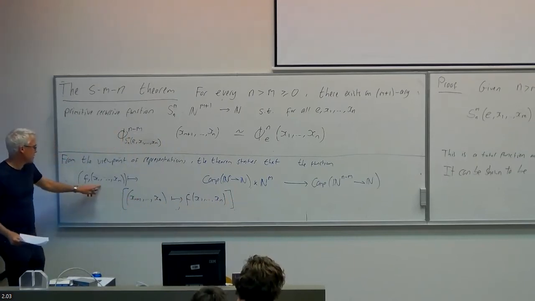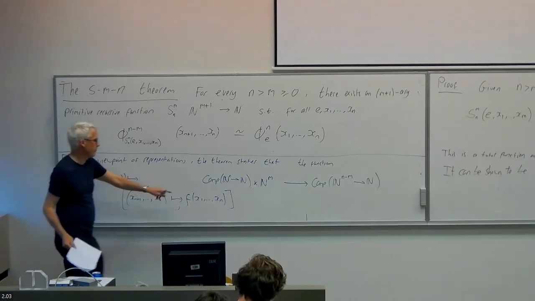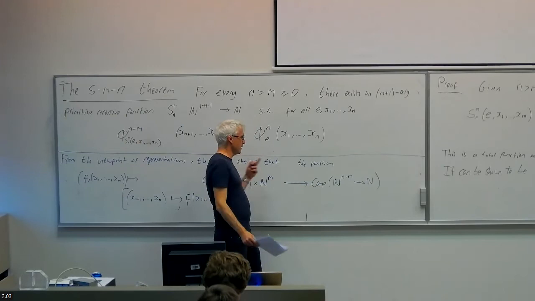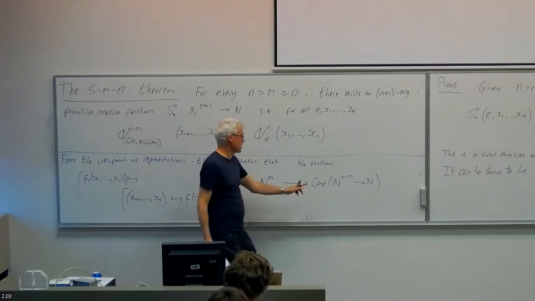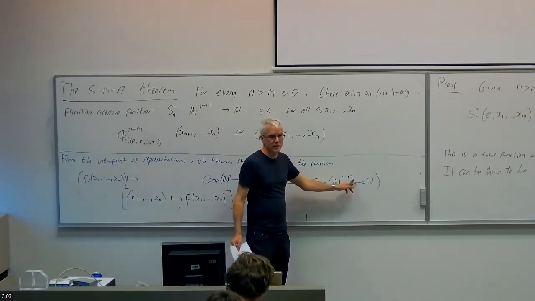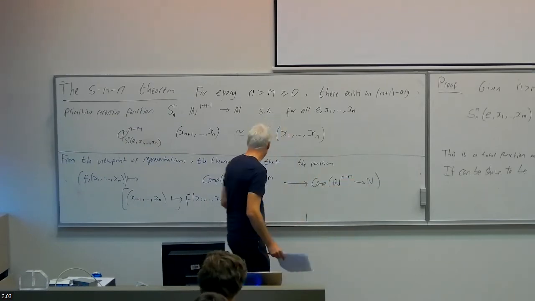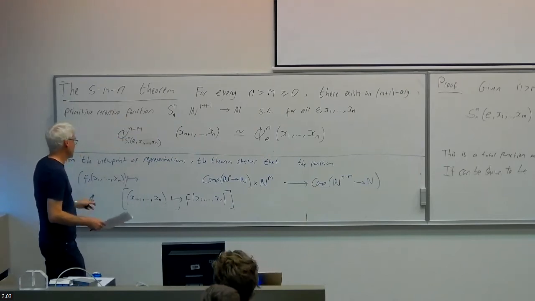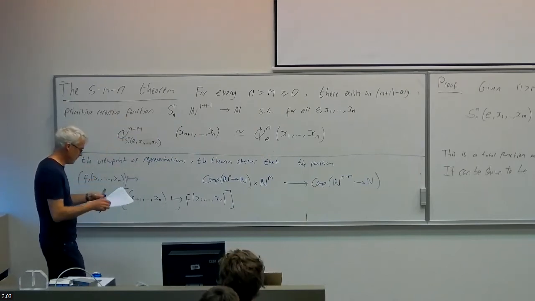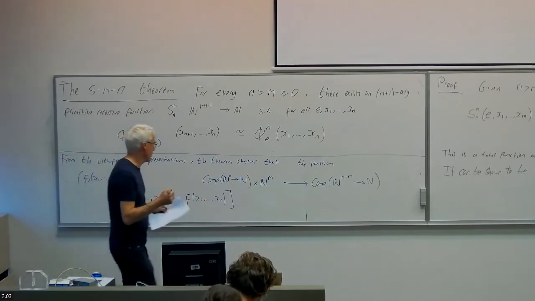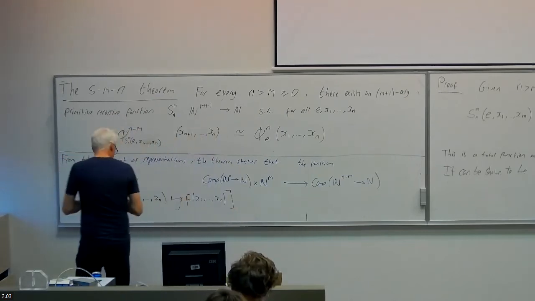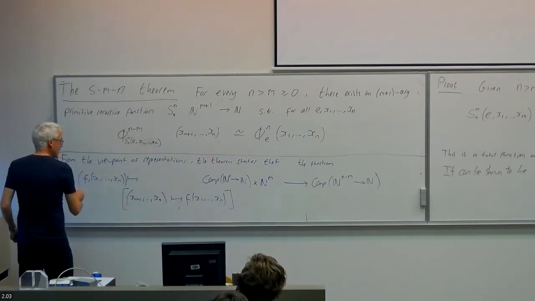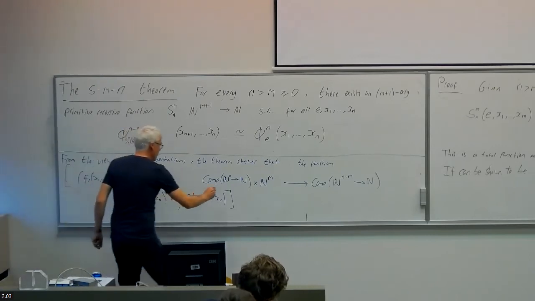So we give f some of its inputs, m of them, and that leaves us with a remaining function. We fixed m of the inputs, and we still have a function in the n minus m remaining inputs. And the fact that the SMN function is computable is saying that this function here, well, let's finish this. So the function is in the red square brackets here.